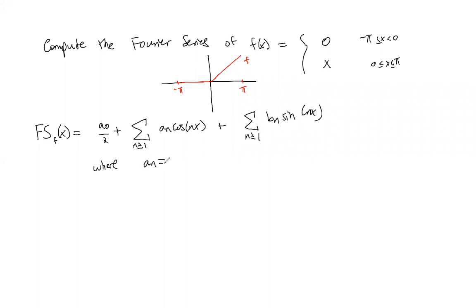Where an equals something and bn equals something. So let's see if you can fill in what an and bn are without me doing it first. See if you can fill in what those formulas are, and then I'll fill them in for n at least 0. Why don't you work on that for about 7 seconds? See if you can remember the formulas.